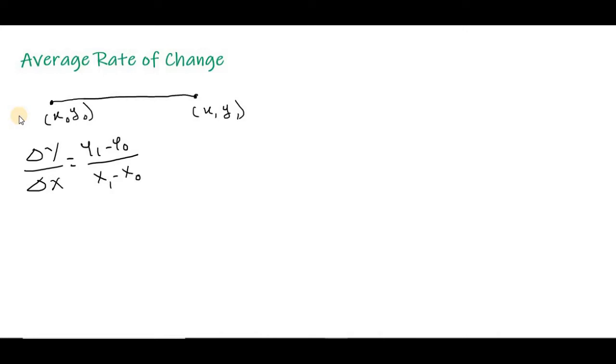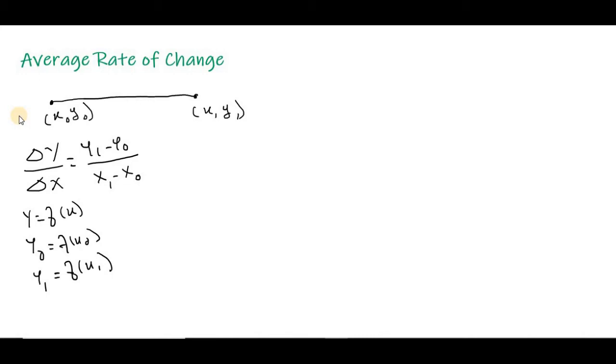Now, since we are discussing this in the case of functions, so the function is y is equal to f of x, means y0 is equal to f of x0 and y1 is equal to f of x1.